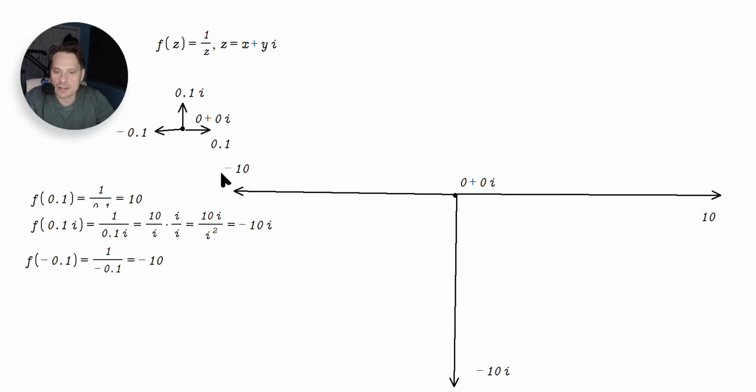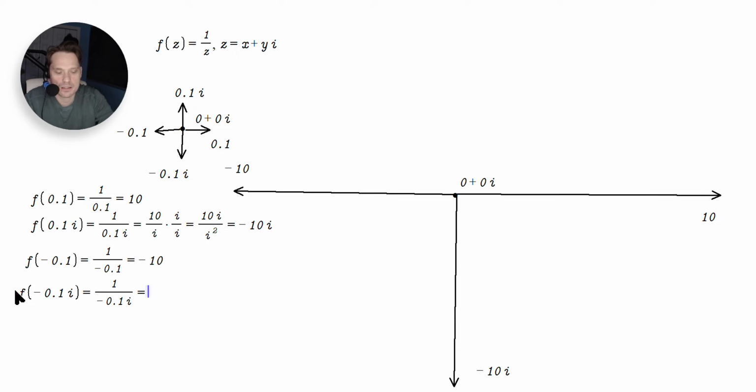Now let's finish. Let's grab from the bottom the complex number that says negative 0.1i. Carry out the division. So f of negative 0.1i, that's going to be the following. 1 divided by negative 0.1i. So work this out. 1 divided by negative 0.1 is negative 10 at first.